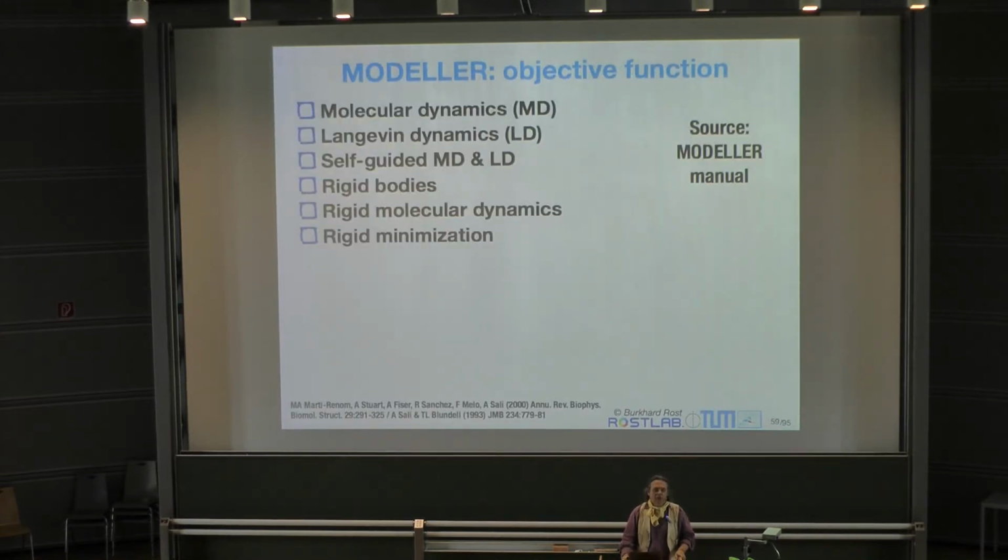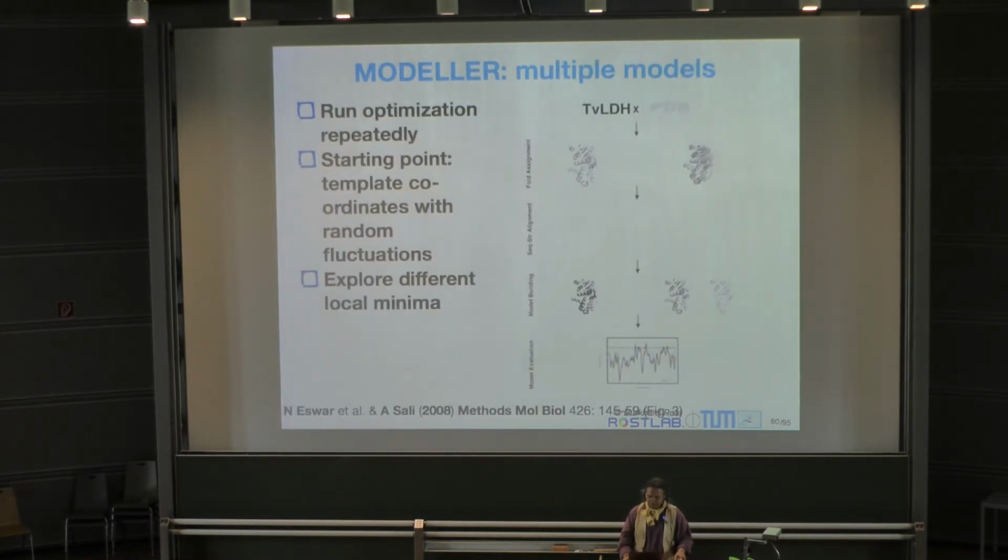There is a lot of methodology underneath. There's molecular dynamics, so Langevin dynamics, self-guided MD and LD, rigid body movement, rigid molecular dynamics, rigid minimization. All of this goes on under the hood. There's a lot of physics, a lot of computational biology underneath, 25 years of work, many details, right.